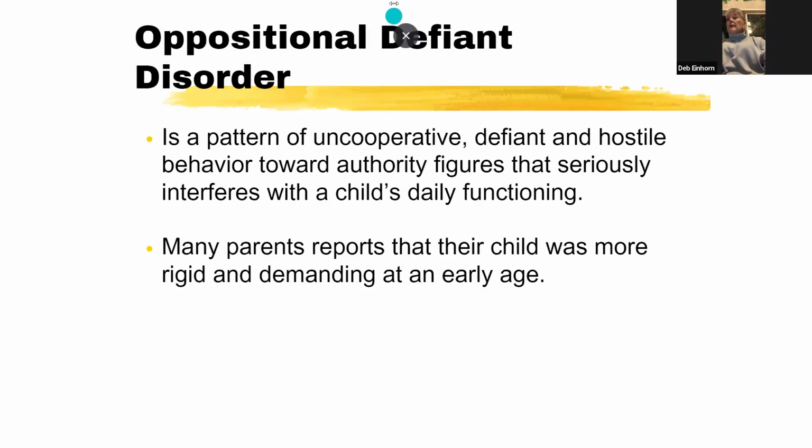And so it's something that usually shows up at a young age. And so again, when you're looking for IEP accommodations for kids with these kinds of psychiatric disorders, it's helpful to have professional recommendations from those medical professionals.